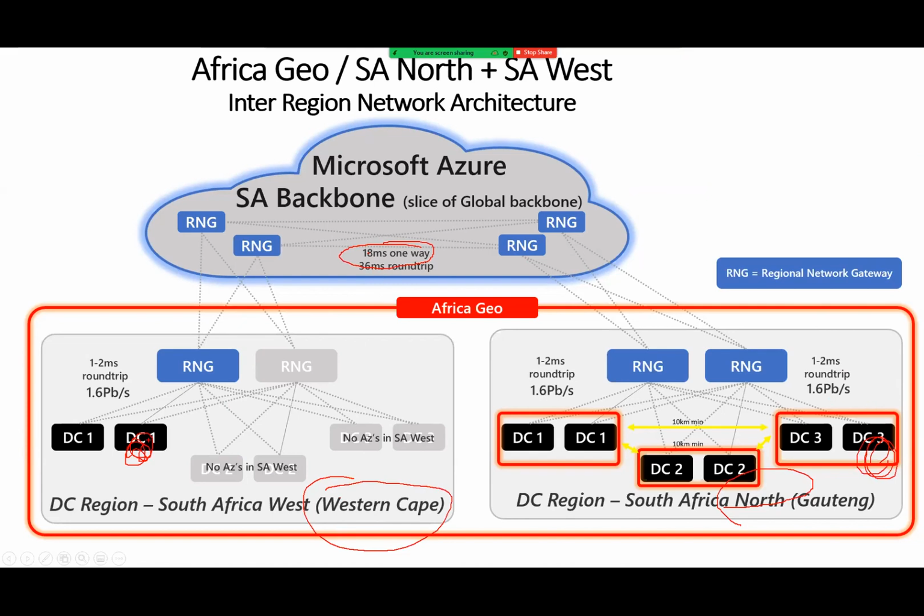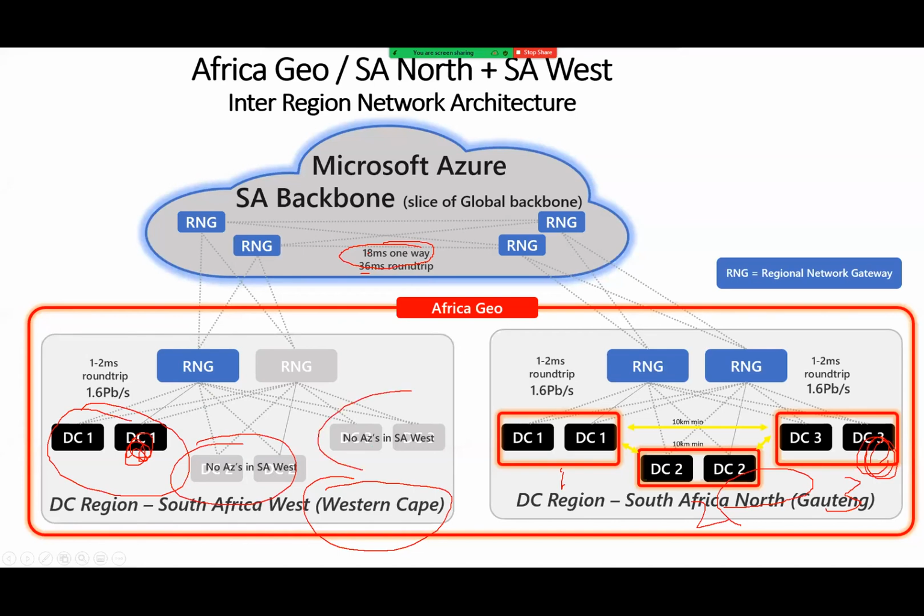If you have to hit Cape Town and then come back to Joburg, of course, it's double that, 36 milliseconds. But you'll notice the design difference here from north to west, where north has 3 zones, so it's zone 1, zone 2, and zone 3, and Cape Town has not. Very small, only for DR, but watch the space.